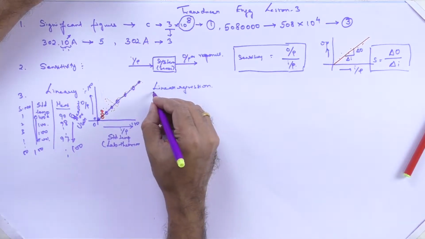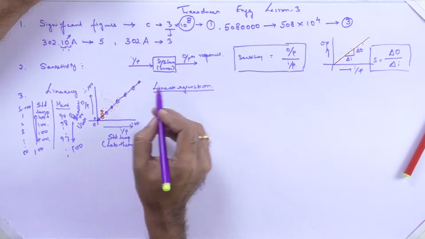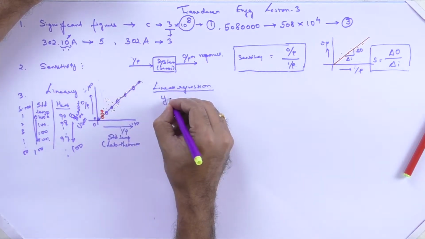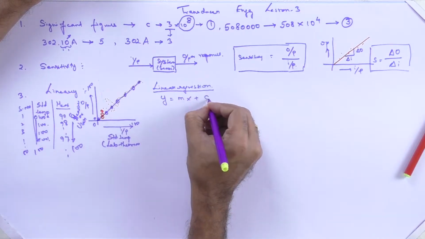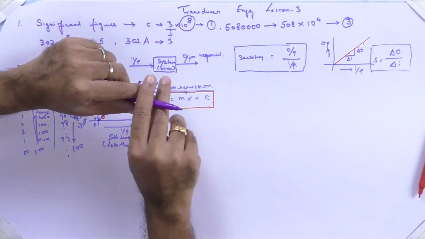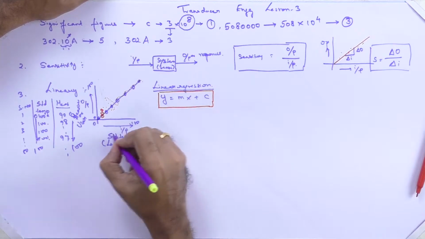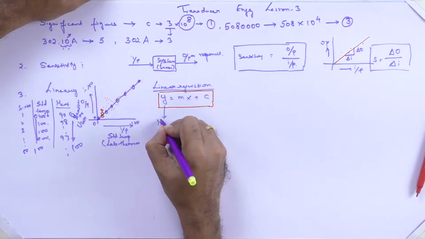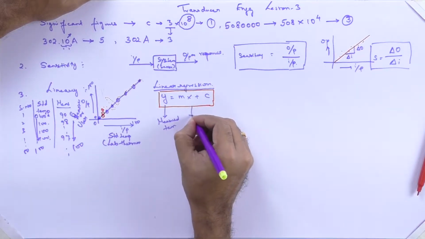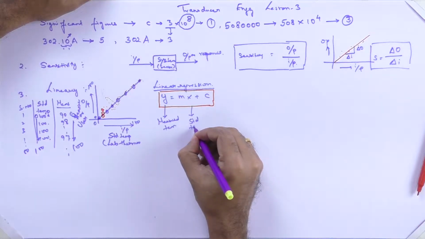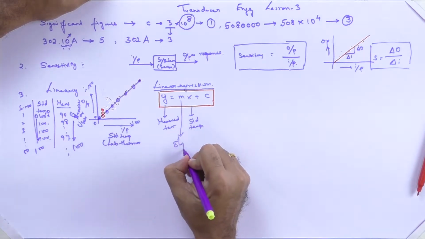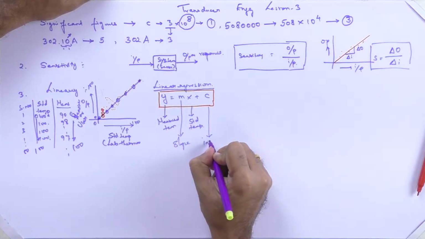This is what the method of linear regression does to these points, and finally you obtain a line. For this line you can form the famous equation of the straight line, y = mx + c. Here y is the measurand, or the measured temperature. x is the standard temperature from the thermometer, m is the slope, and c is the intercept.